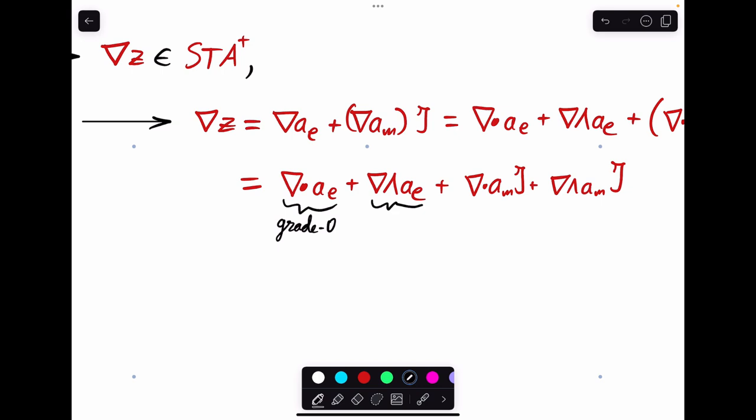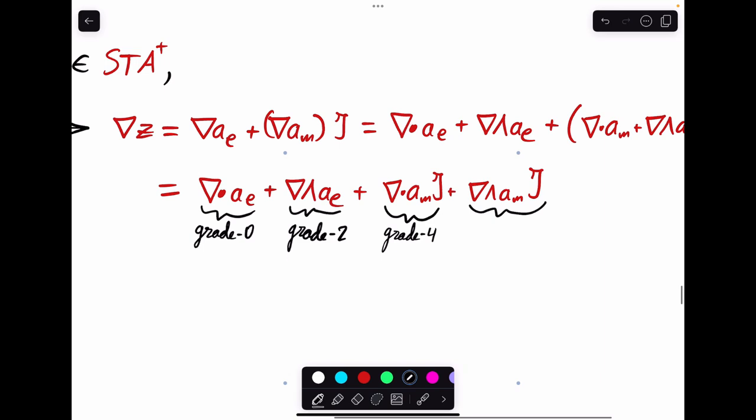This is going to be grade 2. This component is grade 0, but then the pseudoscalar multiplies it, so this is grade 4. And similarly, this is grade 2, but it's times the pseudoscalar, and because bivectors are dual to themselves, you remain at grade 2. So this is also grade 2.